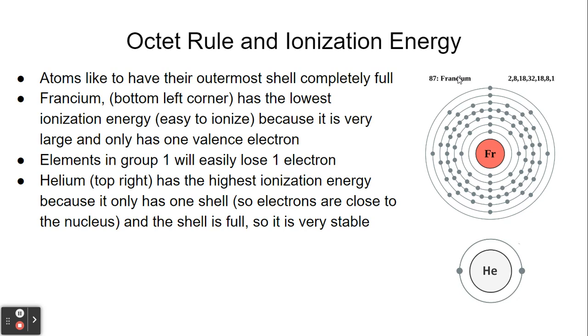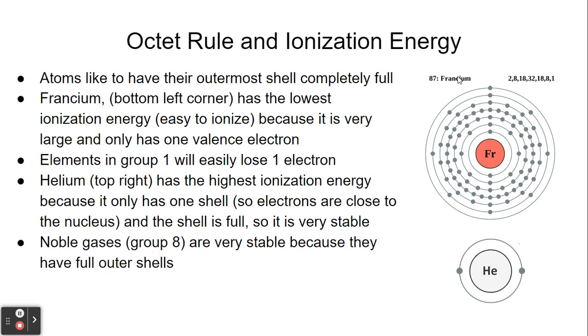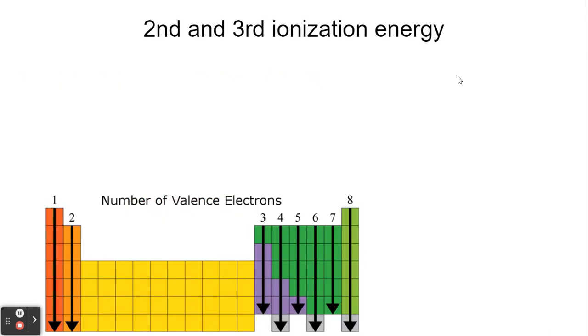That outermost shell is completely full, and those electrons are very, very close to the nucleus. So it's going to be really hard to remove those electrons from the helium atom. Any noble gases are very stable because they have full outer shells, so they're going to have a really high ionization energy.